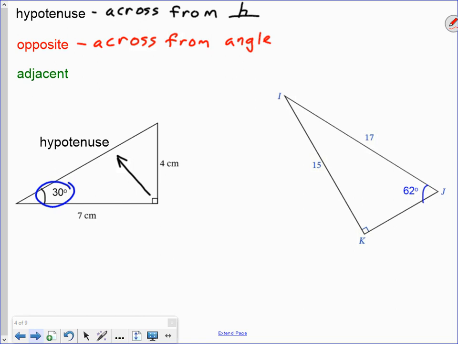So if we take that 30 degrees, we go across the triangle, that is going to be the opposite side. And the adjacent, obviously, is the third side, but it is the one that is going to be next to that angle that we're interested in.